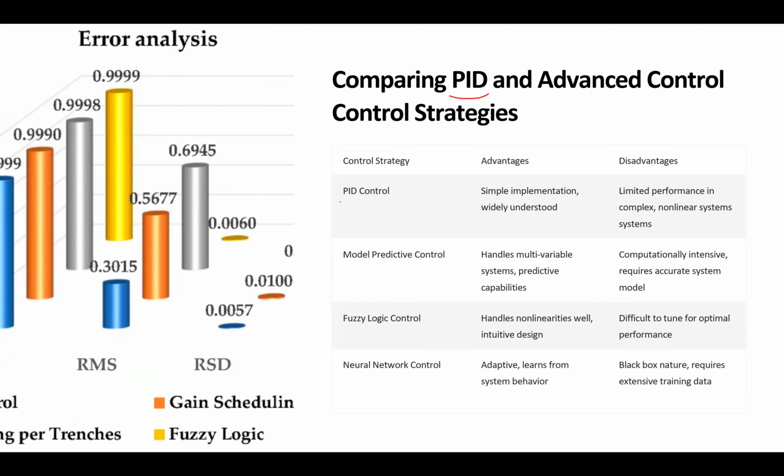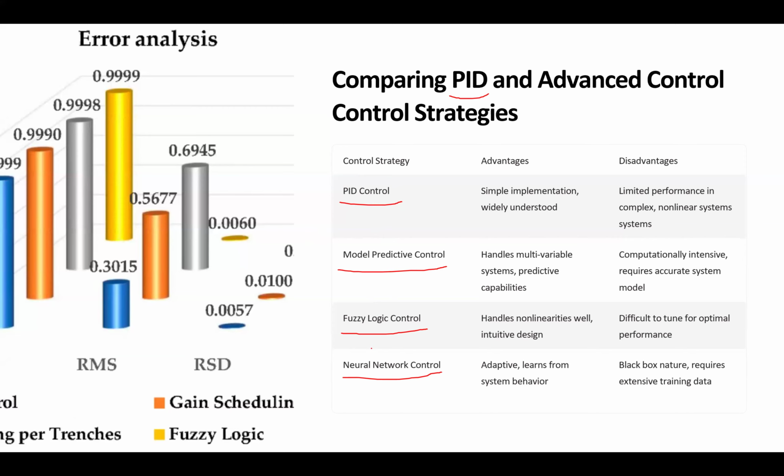The PID control, the model predictive control, the fuzzy logic control, and the neural network control are the most popular controls that we could have. We only discussed the PID, and we are going to focus on PID because these are, honestly, too much.